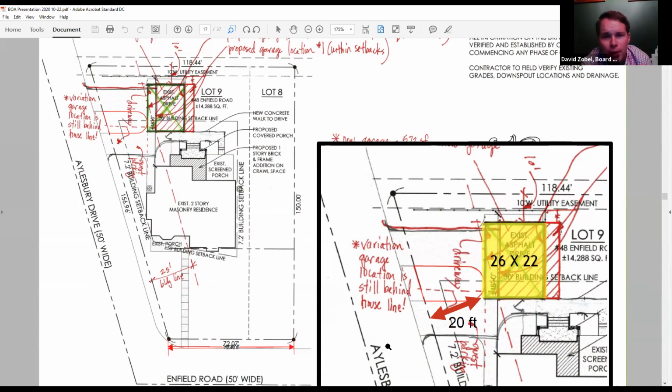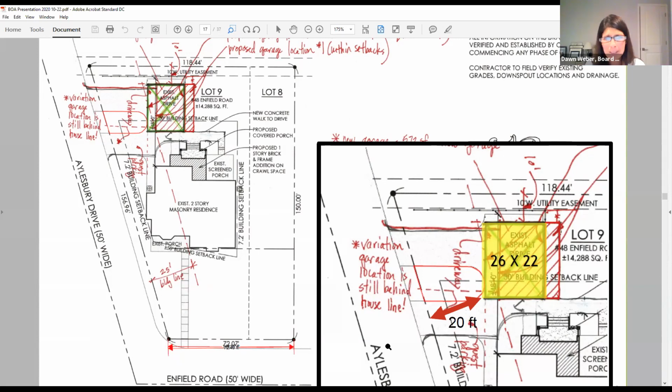Sure. Well, and to your point, there is a lot 8 as I'm looking at the screen right now. That's a whole big part of the yard right there. I guess I don't understand. What is that, lot 8, lot 9? Is that their property, lot 8? I believe so. Yes. So they have an additional green space there. It's a double lot, I guess.